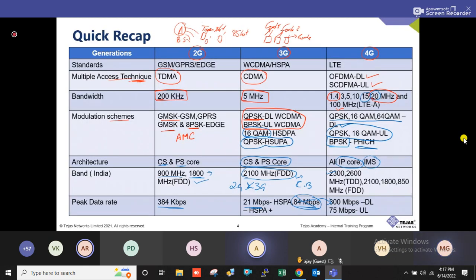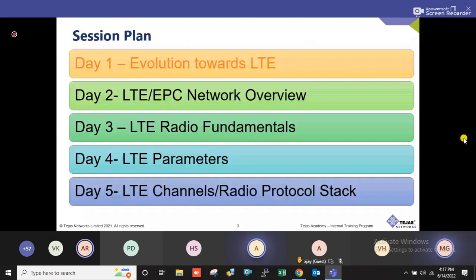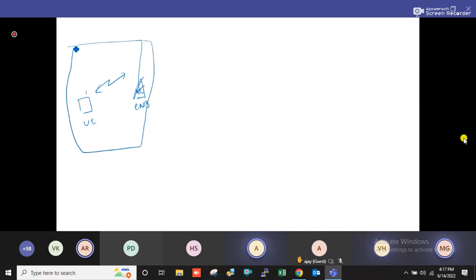Just draw it again. So we have mobile. This is the air interface. We have E node B here, and this particular system is called UTRA, or it is also called LTE.